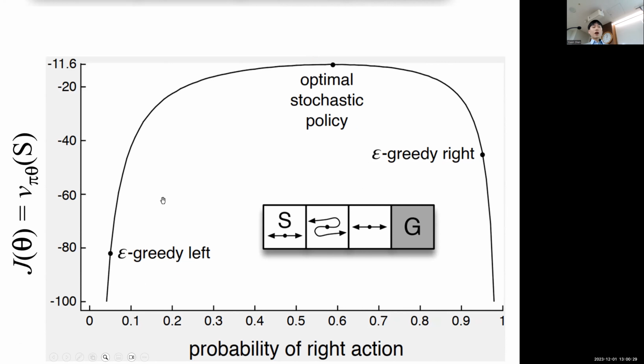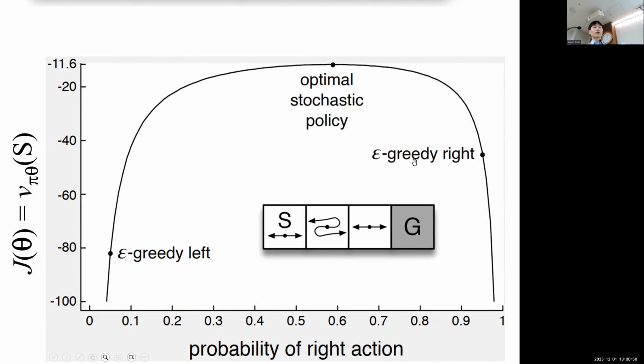But actually, if we look at all the performance as you vary the probability of the right action, the optimal policy should be somewhere here, close to -11.6. This is the optimal stochastic policy.